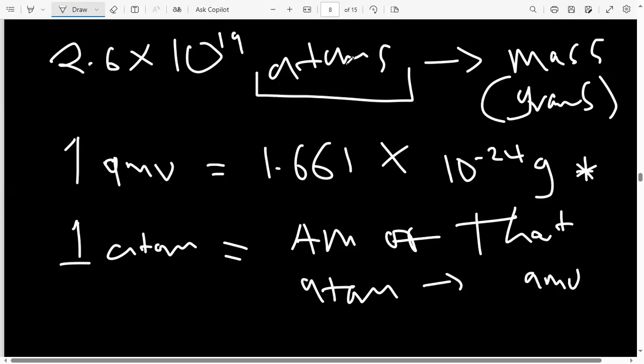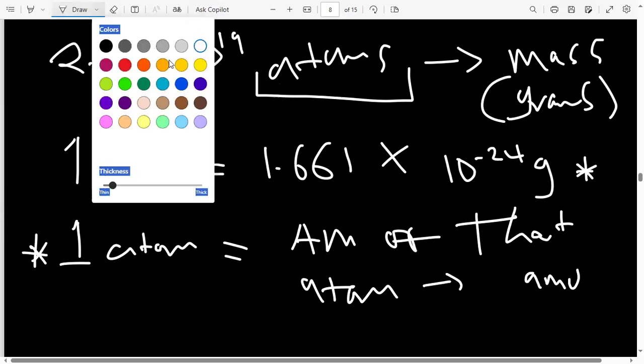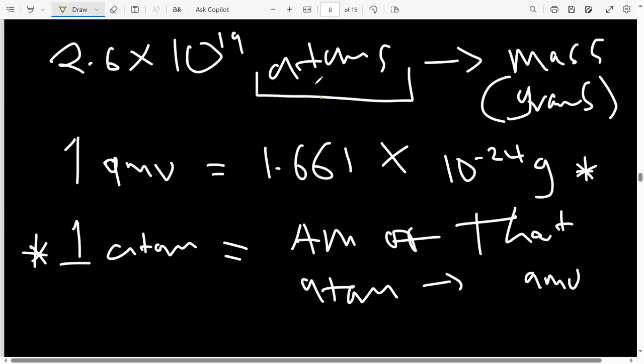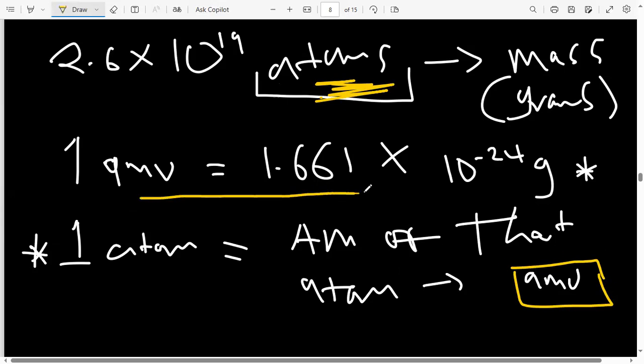Here we've been given the number of atoms, so we are going to start with the second relationship. We want to change this number of atoms to atomic mass units. And then once we have them in atomic mass units, we can use the first relationship to convert them to grams.